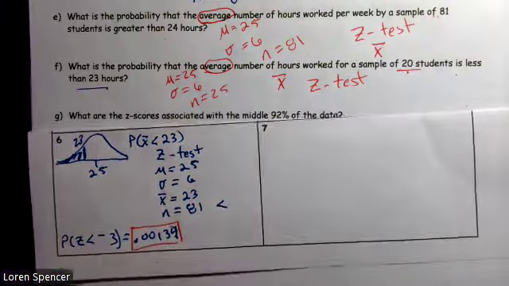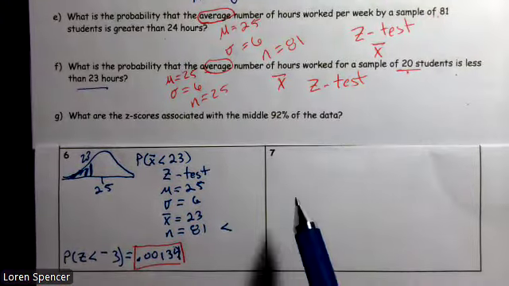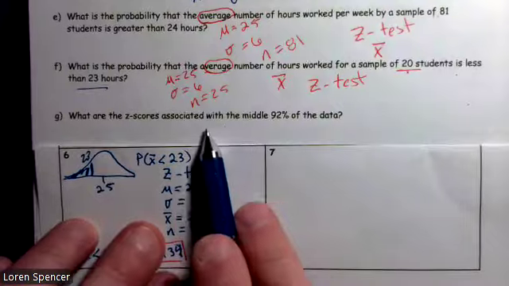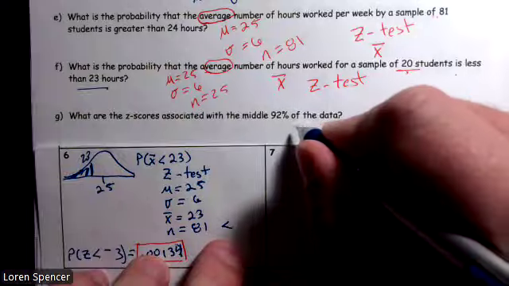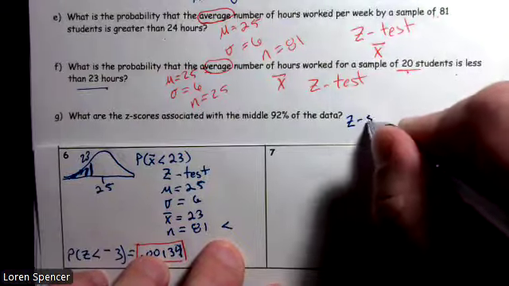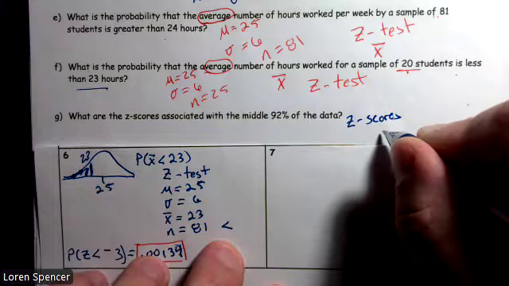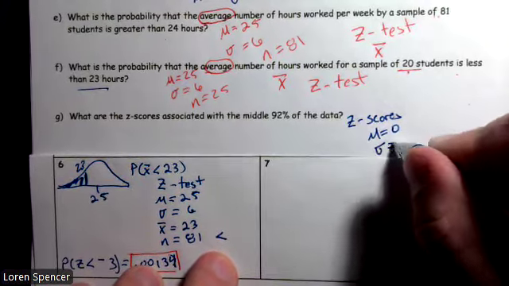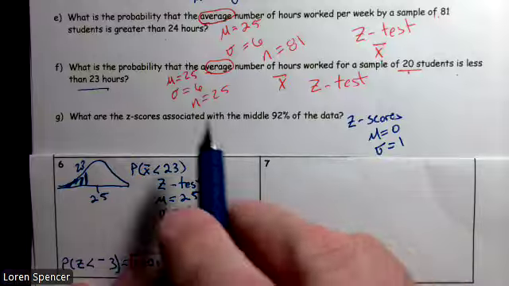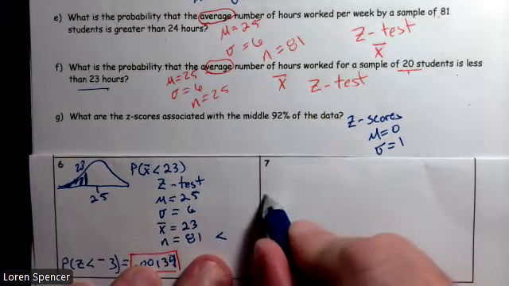Okay, number 7. What are the z-scores associated with the middle 92%? That's interesting because remember, all z-scores have a mean equal to 0 and a standard deviation equal to 1. So we really don't even need the rest of the problem.